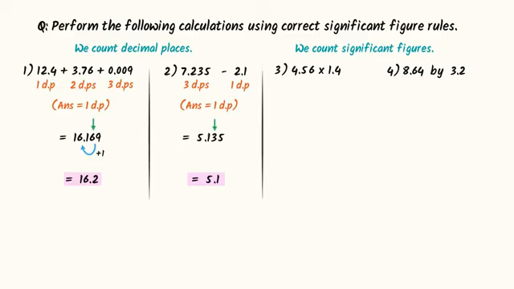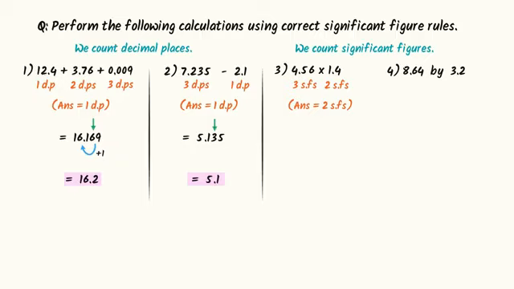The third part is 4.56 multiplied by 1.4. This is multiplication, so we count significant figures. In case of 4.56, there are 3 significant figures. In case of 1.4, there are 2 significant figures. The least significant figures are 2, so the answer needs 2 significant figures.